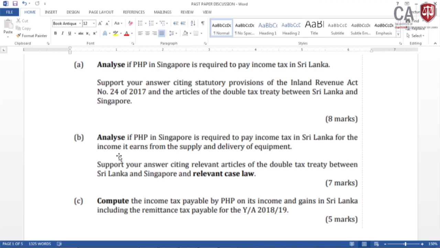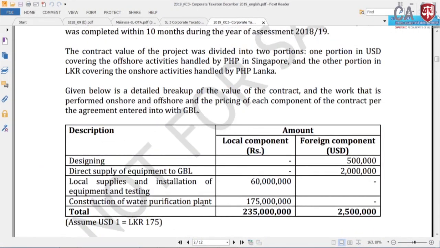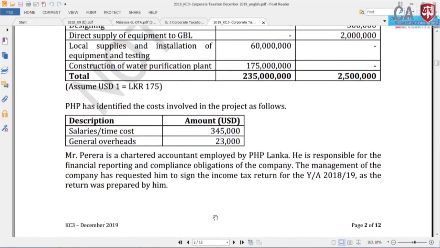But my designing part: not much information has been given, but it has been given that designing is done in Sri Lanka, and particular expenditure is given. The staff salary, can you remember in the paper? See in that para, salary and time cost, general overheads.